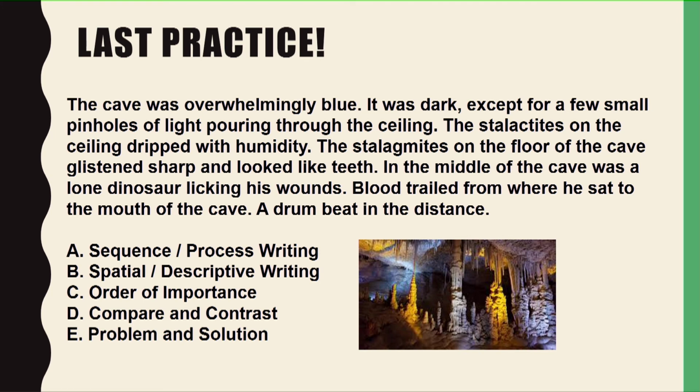Blood trailed from where he sat to the mouth of the cave. A drum beat in the distance. All right, what type of writing is this? A, sequence process writing. B, spatial descriptive writing. C, order of importance. D, compare and contrast. Or E, problem and solution?